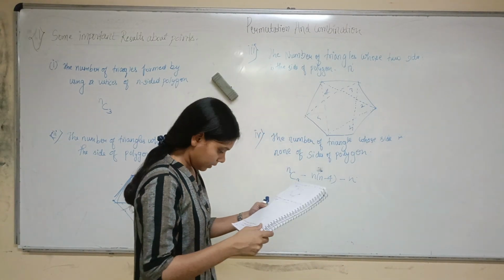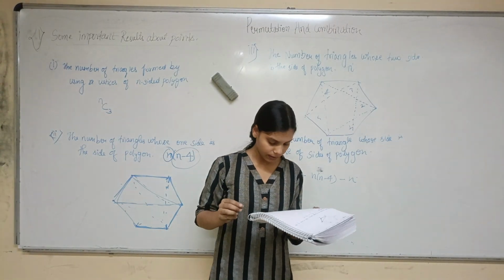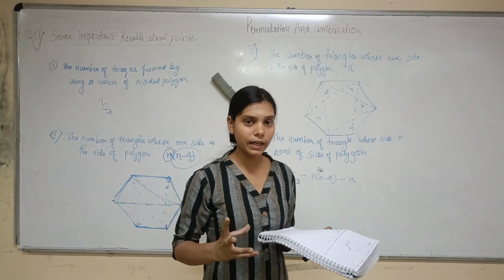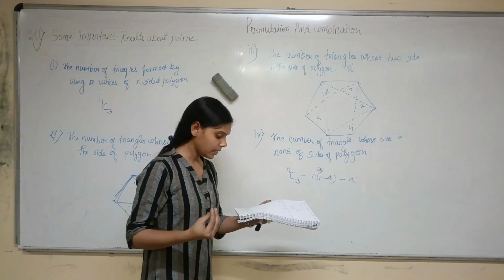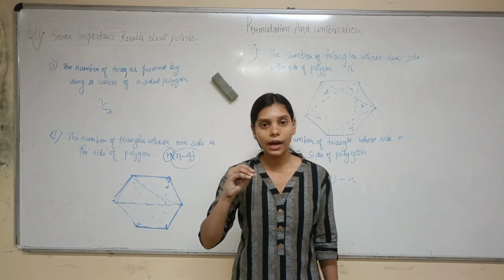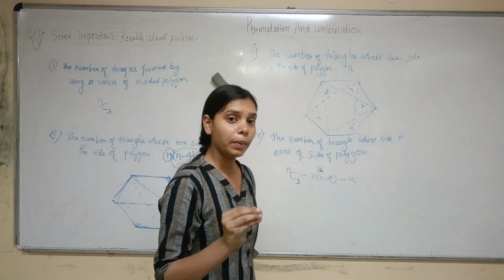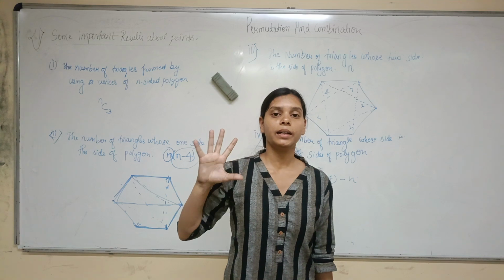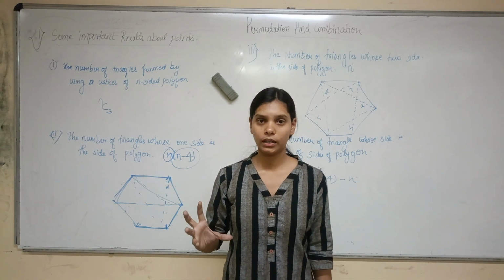Okay. Continue the statement. But regular octagon, but none of whose sides is a side of the octagon. Means we have to form a triangle in the octagon, but the triangle can't contain the sides of the octagon, right?